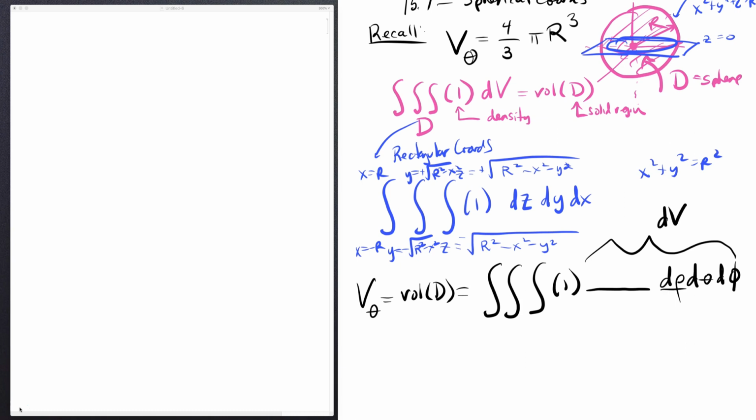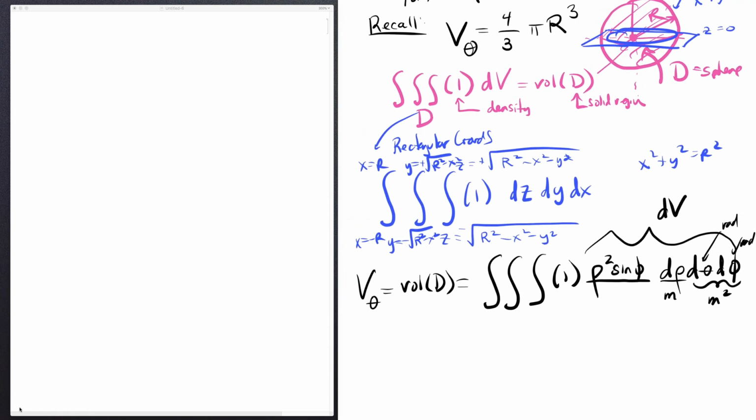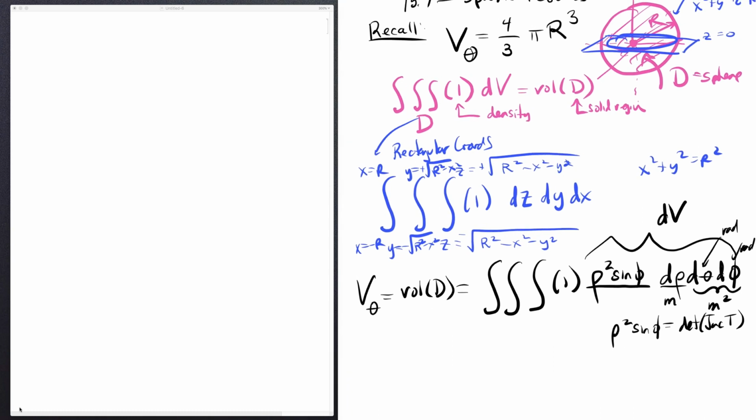We need this to be meters cubed, but it can't be at the moment because each of these is in radians. And so we need rho squared sine of phi to be the fudge factor that fixes the volume element. The rho squared sine of phi is the determinant of the Jacobian of the spherical coordinates transformation.